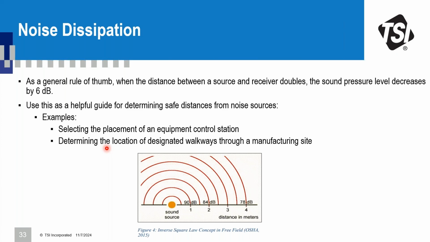Now that 6 dB is in a free field, meaning there are no reflective surfaces around, no roof close to the ground, and no walls. But if you were to take the same measurement in your garage, for example, you will get a consistent noise decay, but not at 6 dB, right? You might get a 2 dB or a 3 dB decay every time you double the distance stepping away from the noise source, right? And you can use this in your applications to change the way people work, for example, to apply administrative controls and so forth.